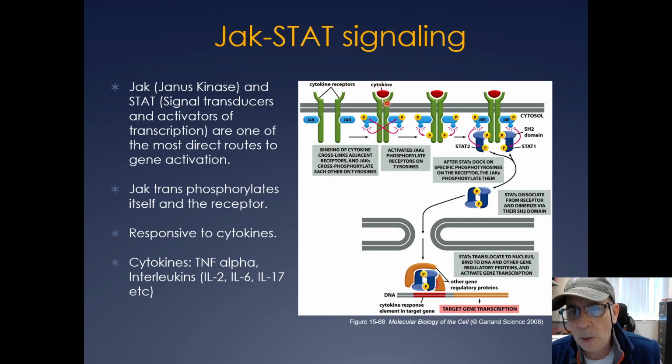The cytokine brings the cytokine receptors together, and then you get cross-phosphorylation of Jak, which then phosphorylates the cytokine receptor, and that recruits STAT. Jak can then phosphorylate STAT, and once STAT is phosphorylated, it becomes active and enters the nucleus, and other gene regulatory proteins can bind. It then binds to a cytokine response element in a target gene.